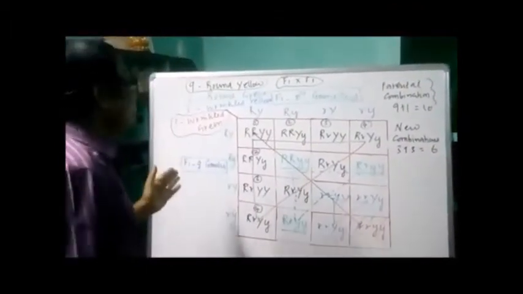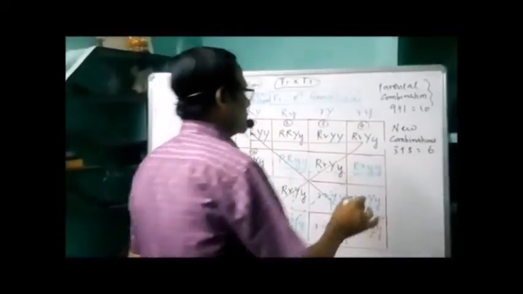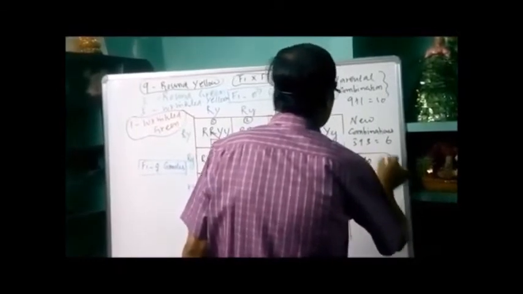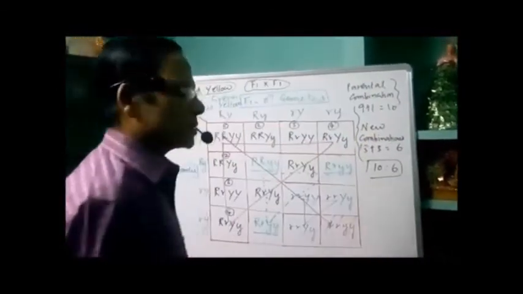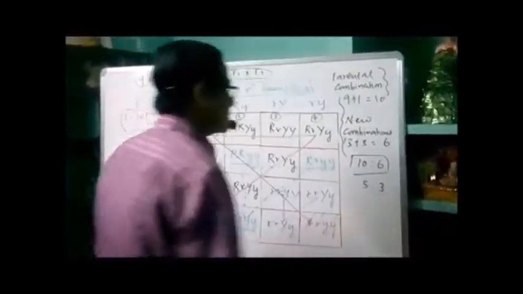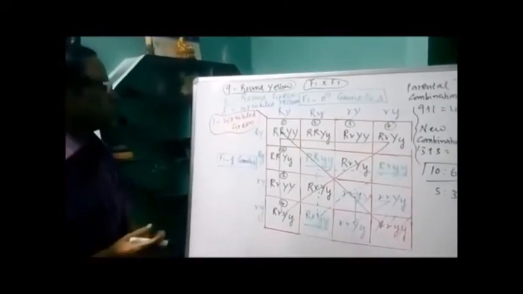So, the ratio between the parental combinations and new combinations is 10:6. We can reduce this further to 5:3. This is the ratio between the parental combinations and the new combinations.